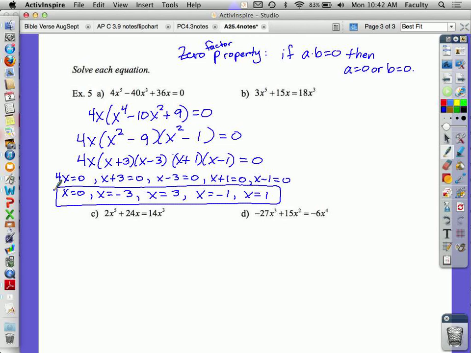All right, try letter B for me. Get everything on one side equal to 0, and then factor it.